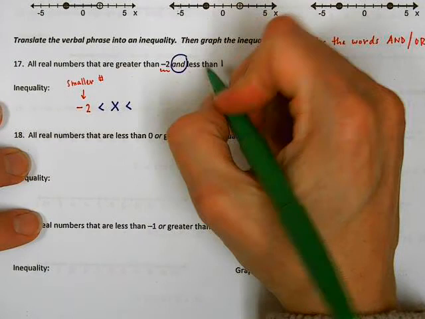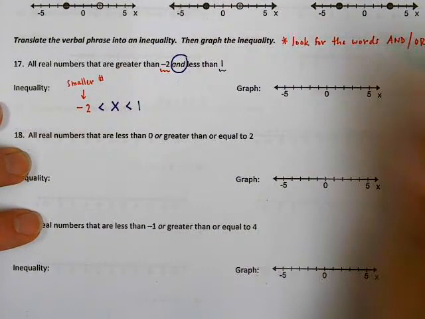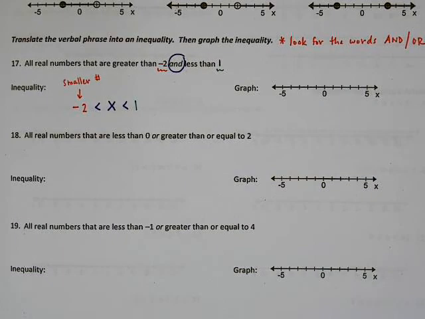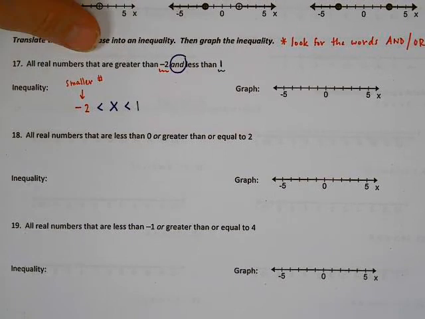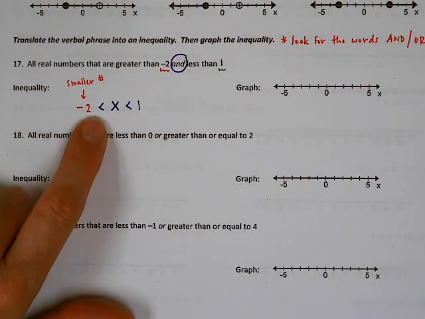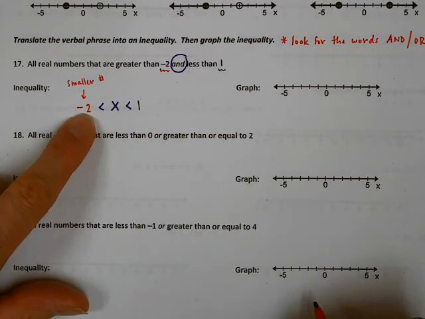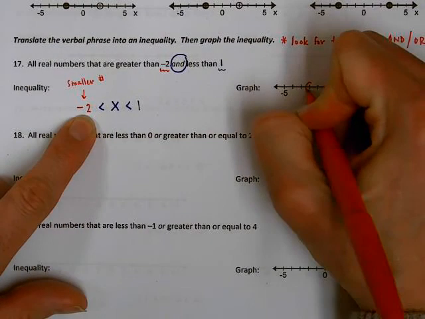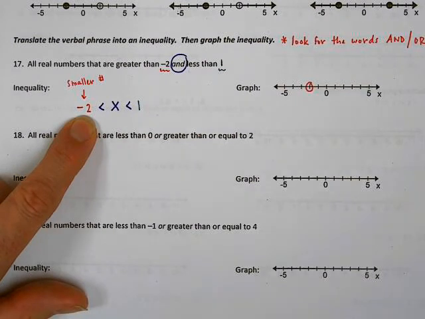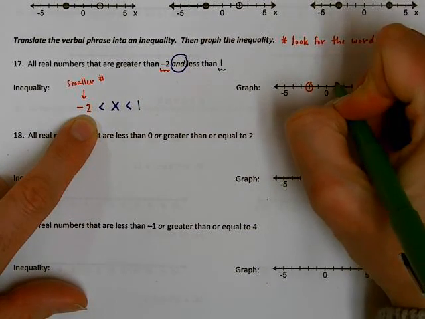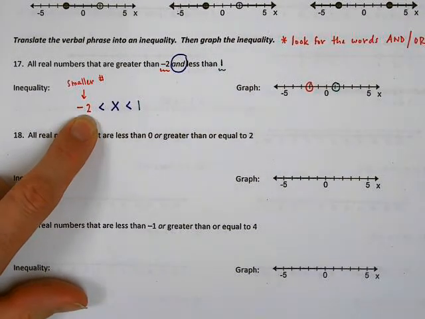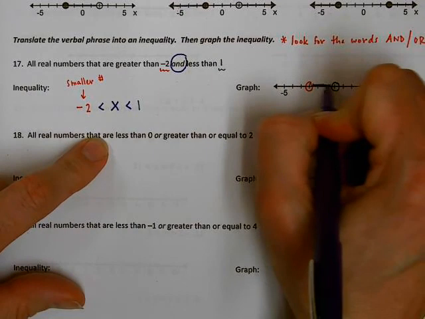And then on the right, my larger number is 1. Now, since I don't have any greater than or equal to or less than or equal to, we have our inequality here. So now to graph it, I'm going to have an open circle at -2, an open circle at +1, and I just shade everywhere in between.